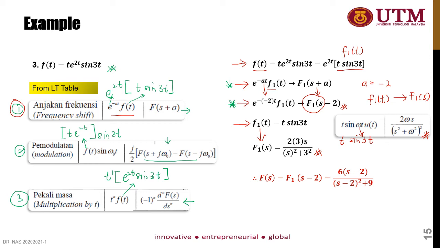So F1(s minus a) equal to 2 times 3 is 6, and your s now becomes s minus a. So your F(s) equal to this function.